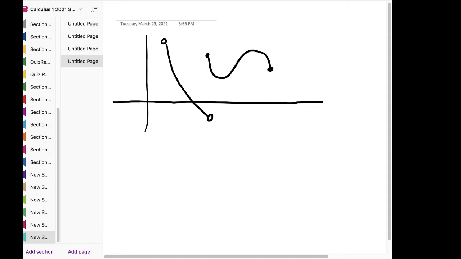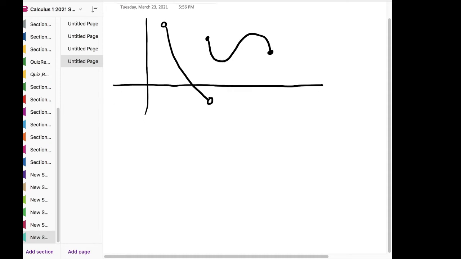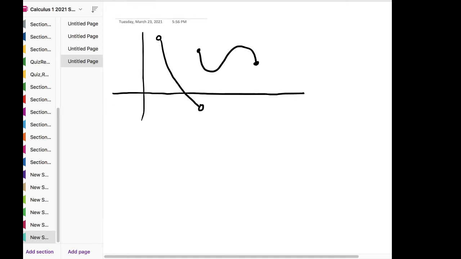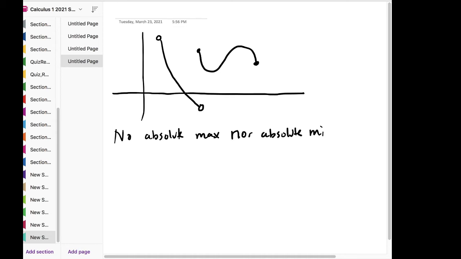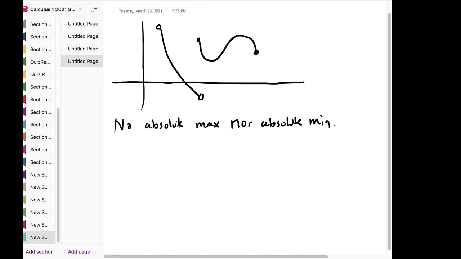Okay, so this is a weird one. Can someone say why you think there's no absolute max or min? So what about the hole tells you that?